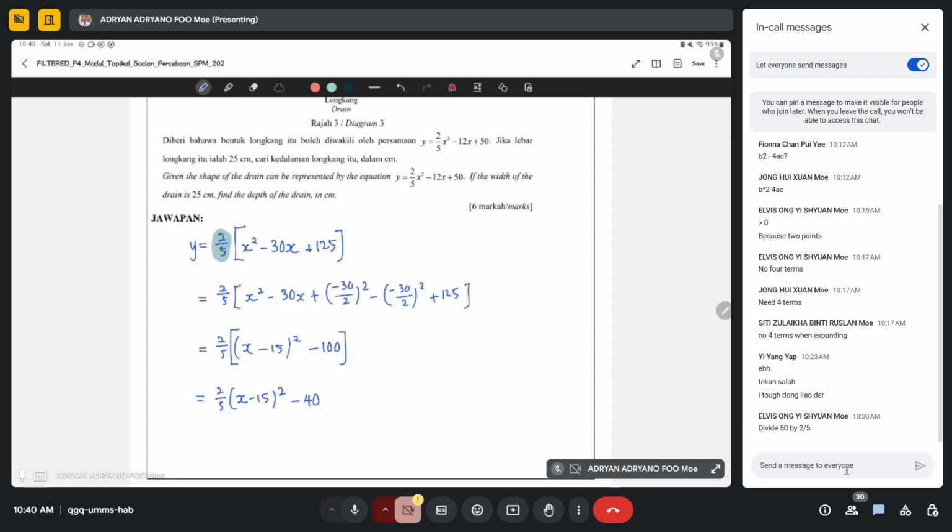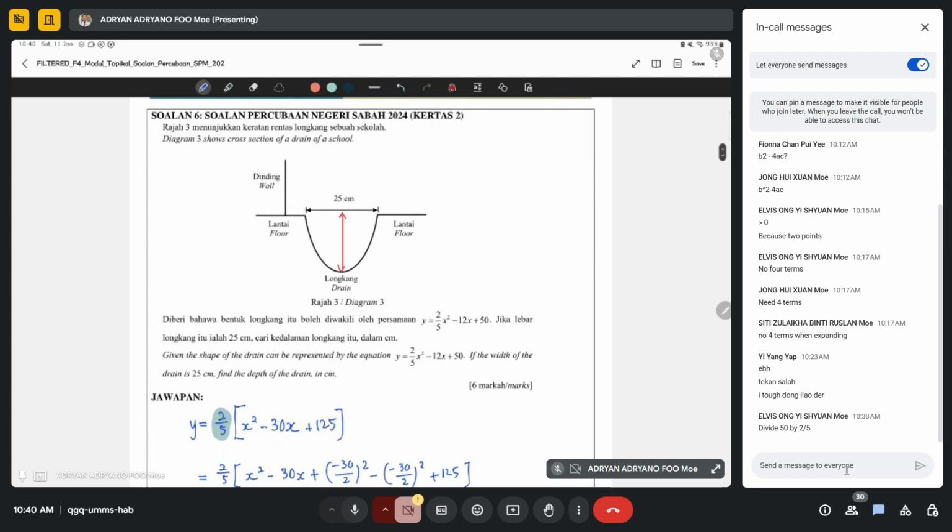Okay, negative 40. So now you see here, minimum value here 是 negative 40. Okay, 然后它刚刚好在这里是15 cm 啦。Okay, so what should we do now to find the depth? 刚才那个 negative 40 请问是我们的 depth 吗？Is the negative 40 our depth of the drain?